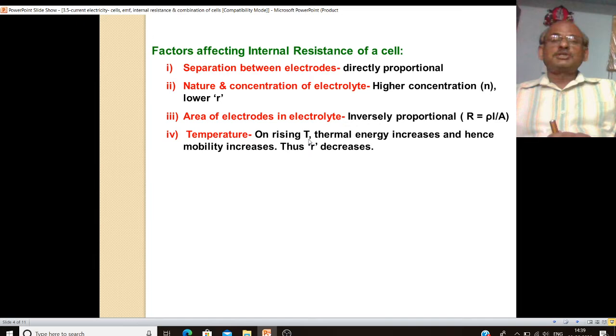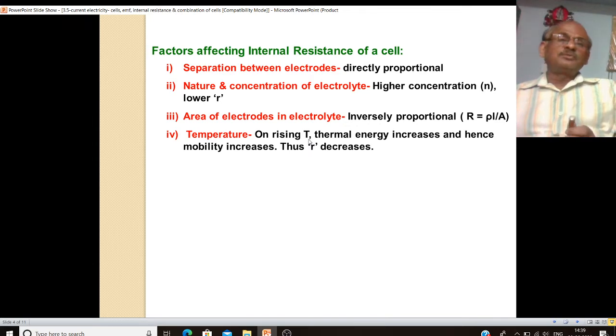If concentration is higher, we have learned earlier, that is number density of charge carriers. If electrolytes are more concentrated, then N is more. That lowers the internal resistance, because if we see I equal to nEAvd, if N is more, current is more, so internal resistance decreases.